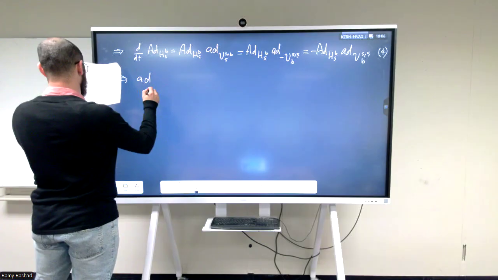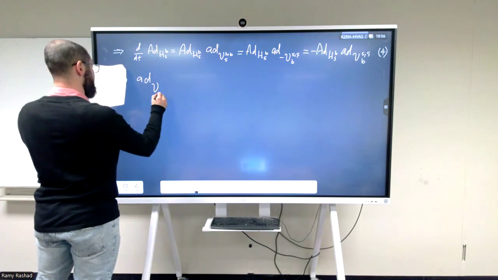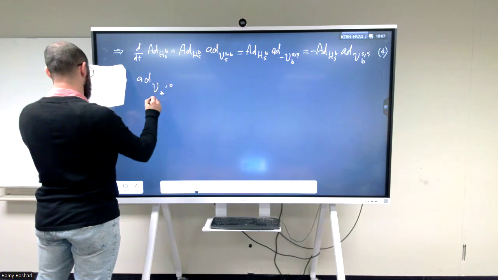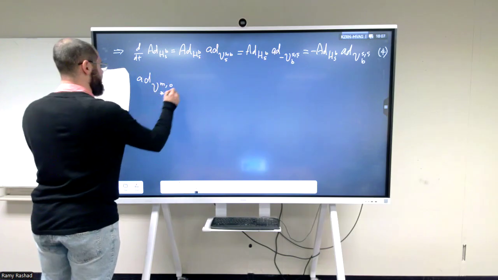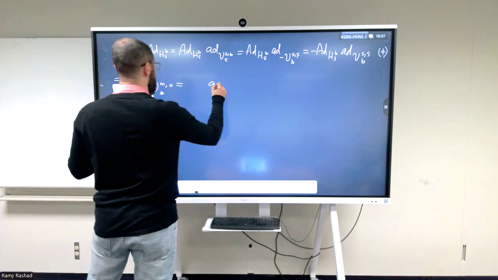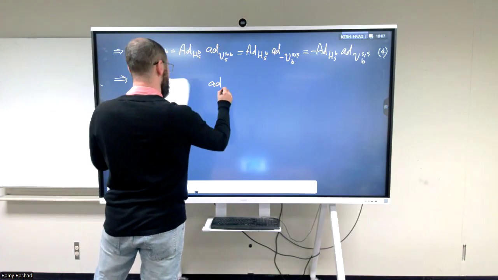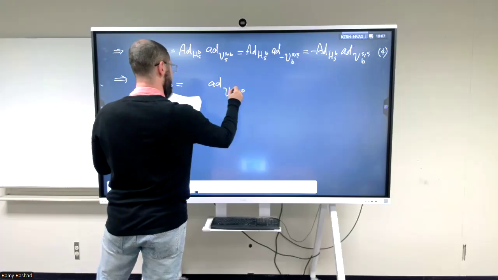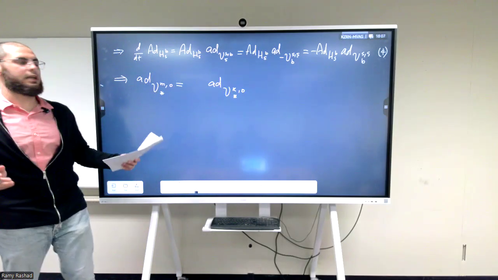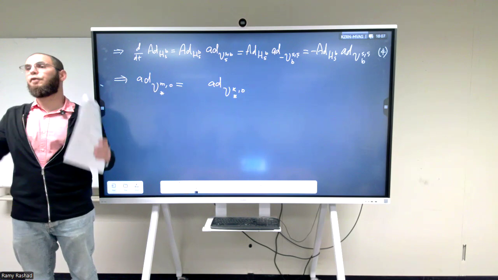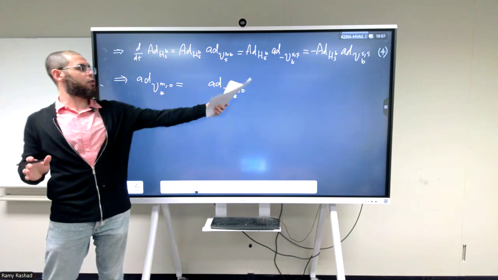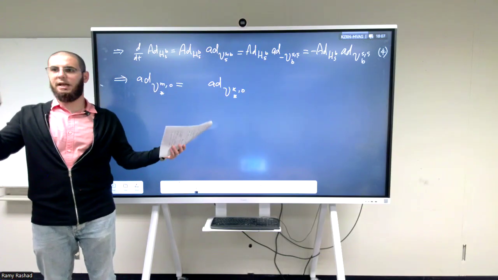If I have the adjoint of V star with respect to circle expressed in frame M, how is this related to the adjoint of V star with respect to circle expressed in frame K? What are star and circle here? Any frames. They don't affect at all how you change coordinates. Why is that?